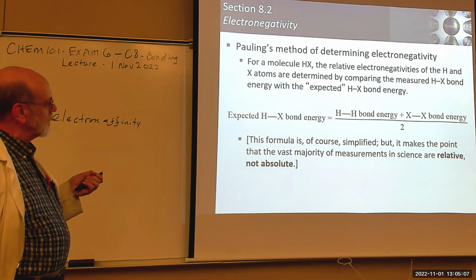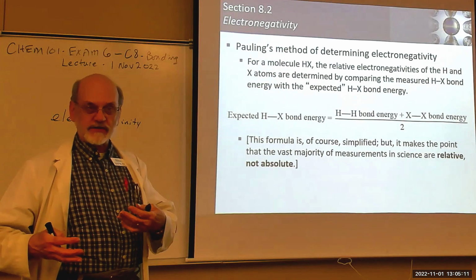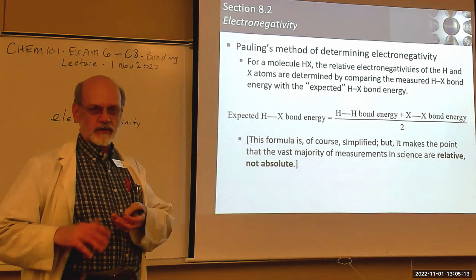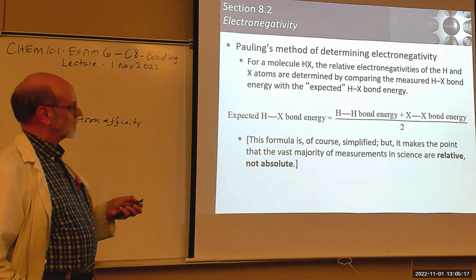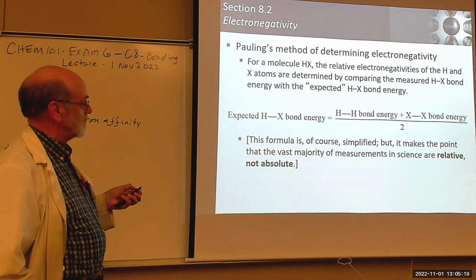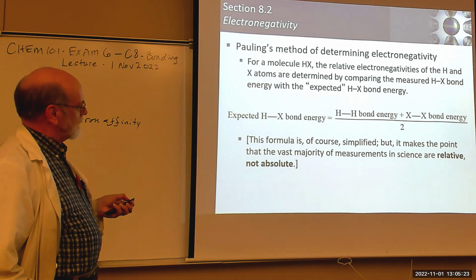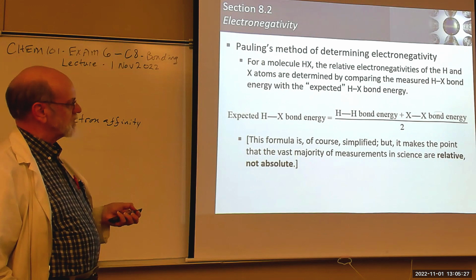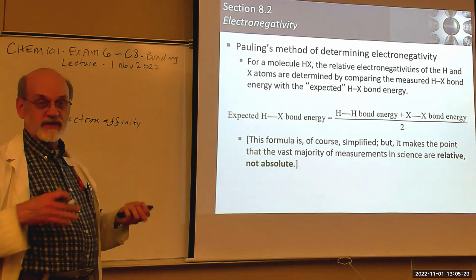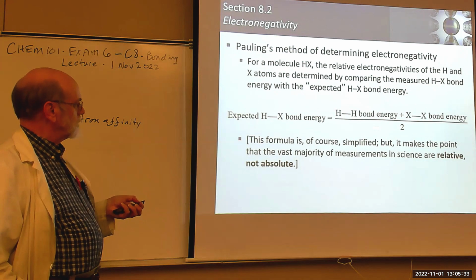You can calculate the bond energies fairly easily for different molecules, and you try to keep them simple, so there are fewer complications. Then you take the bond energy between the two hydrogens and the bond energy between the two atoms you're investigating, and you add them together and divide them by 2.